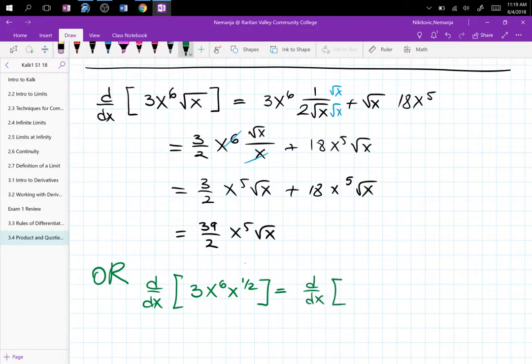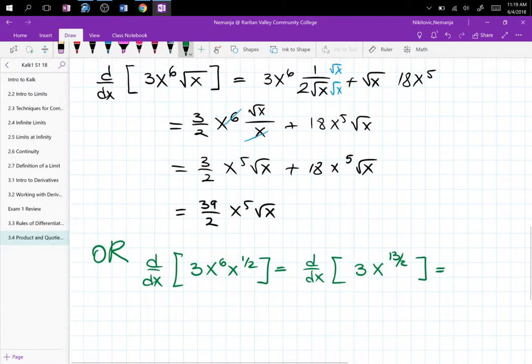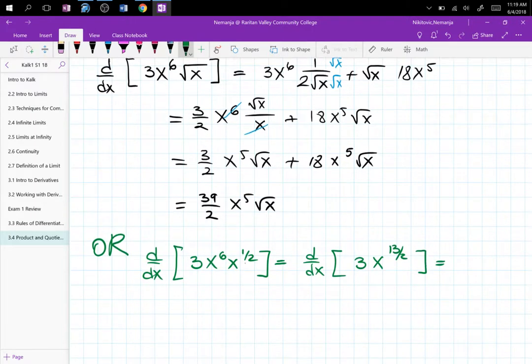So the derivative of 3x to the 13/2, and now 13/2 drops down becomes 39 over 2, x to the 11 over 2. Now, if you want to peel off a half and make this x to the 10 over 2 plus 1 over 2, then 10 over 2 is 5, and that's this piece, and then 1/2 for the root is this piece. So you can do that.